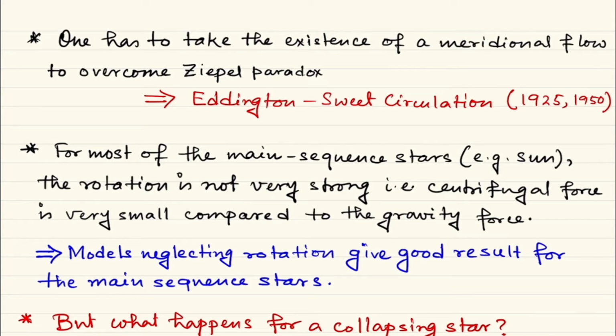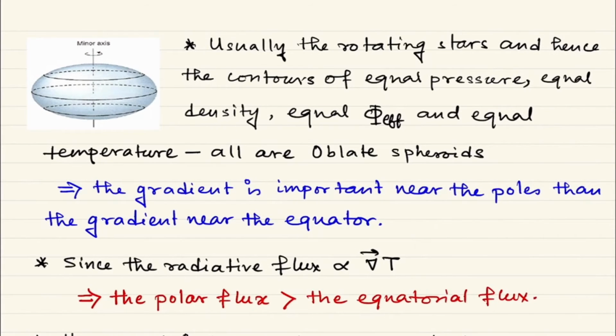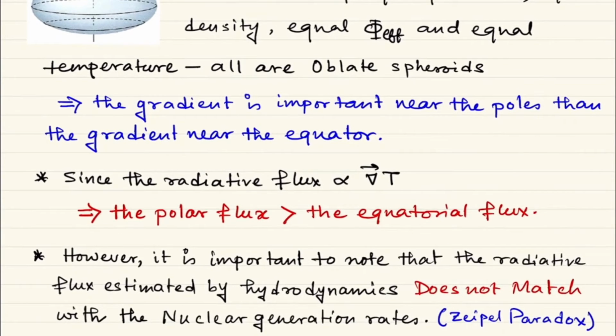Now, it is true that for most of the main sequence stars, for example our Sun, the rotation is not very strong. Okay, it is true that till now we have seen that this rotation can give us something.